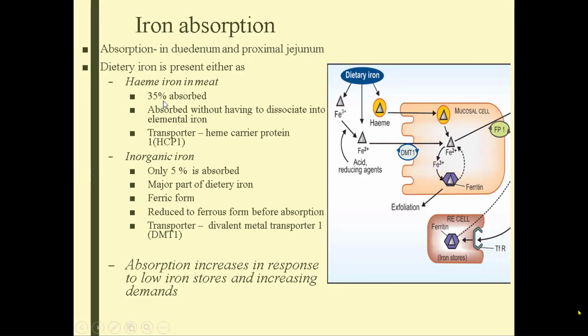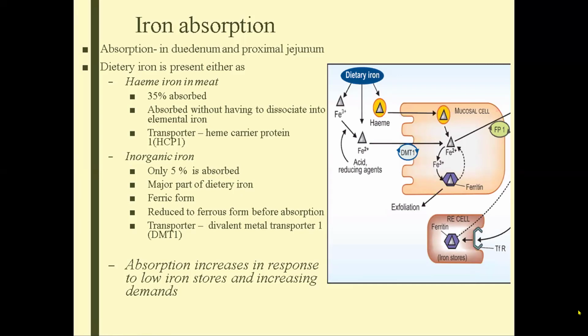You can see here a very high percentage of the heme iron is absorbed. But remember, meat is not always the major dietary iron. Even if 35% of the heme iron is absorbed, this usually is less compared with the inorganic iron, even if only 5% of it is absorbed, because we don't take meat always, right?